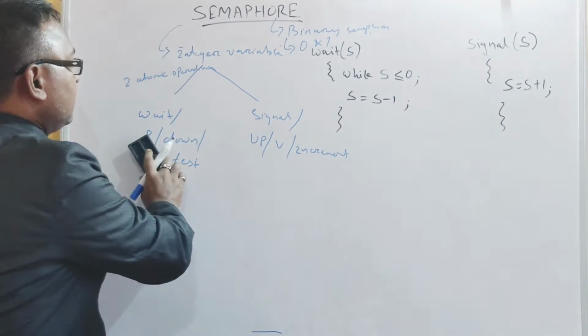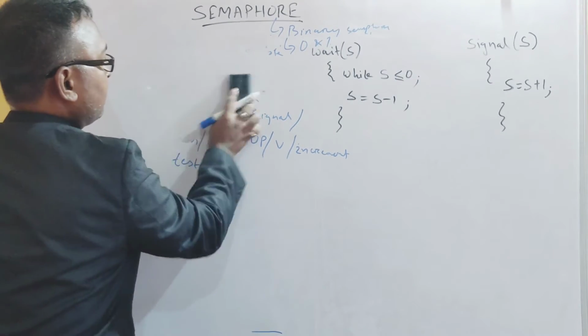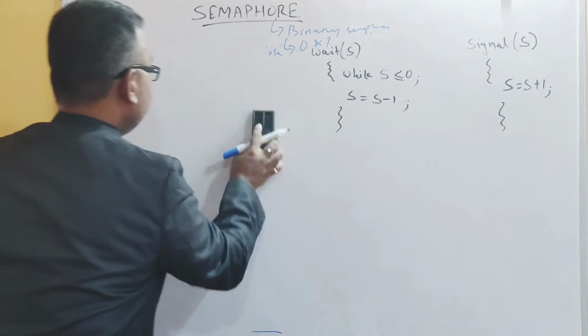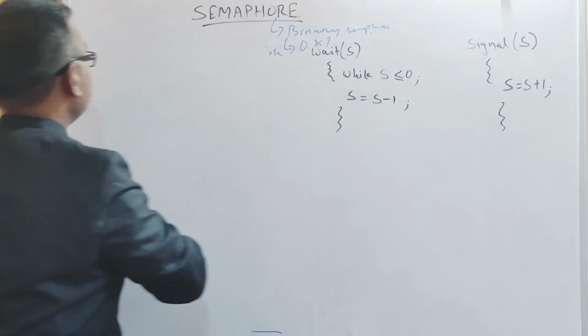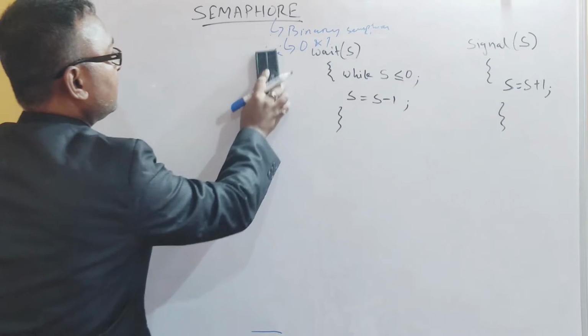So let us try to understand the binary semaphore by taking a technical example. I am writing one C code.